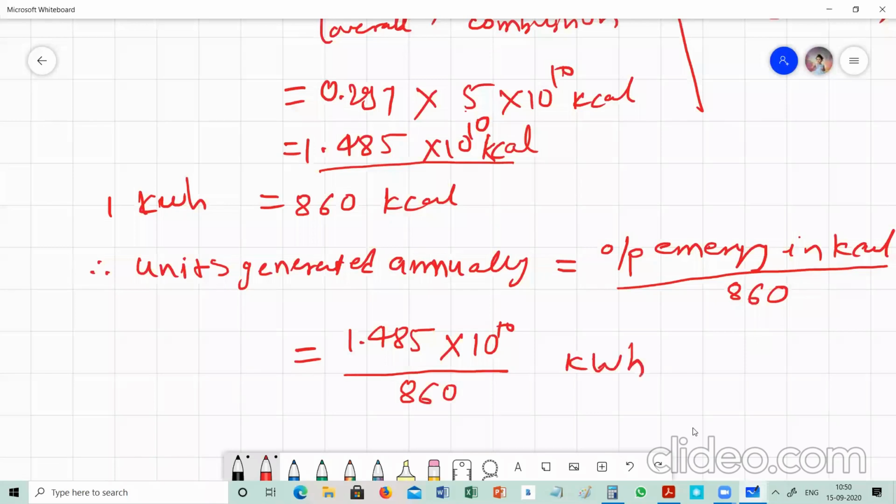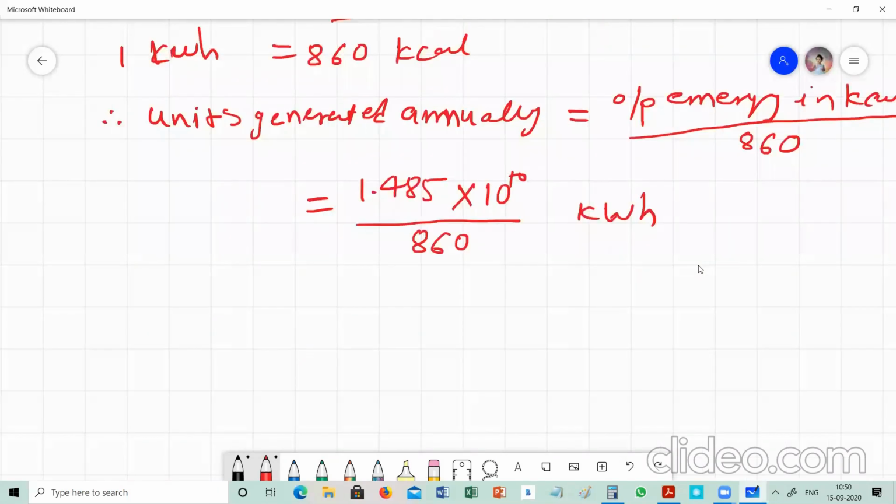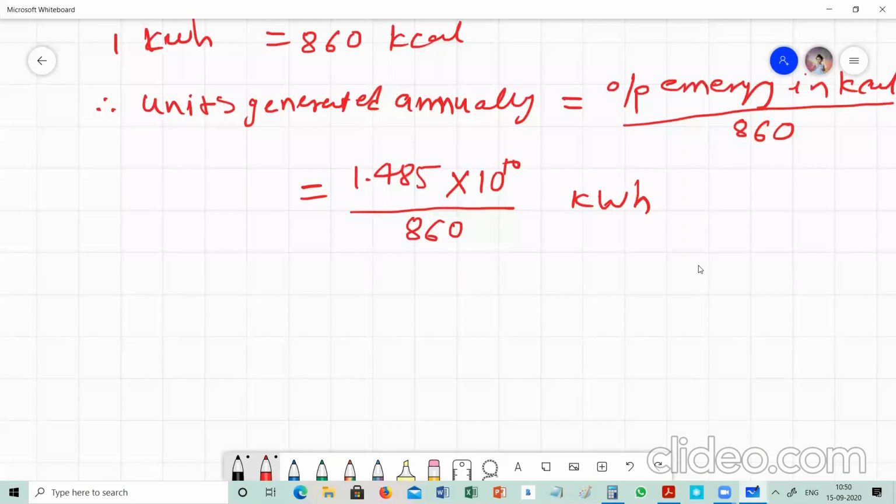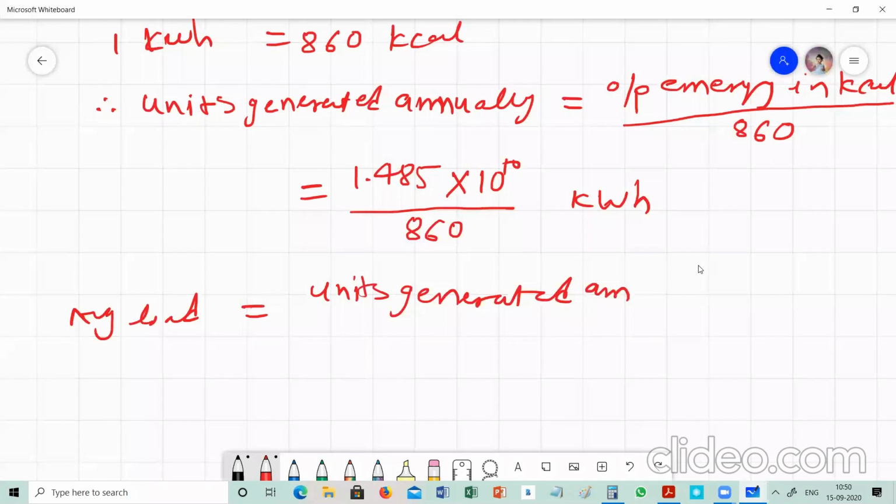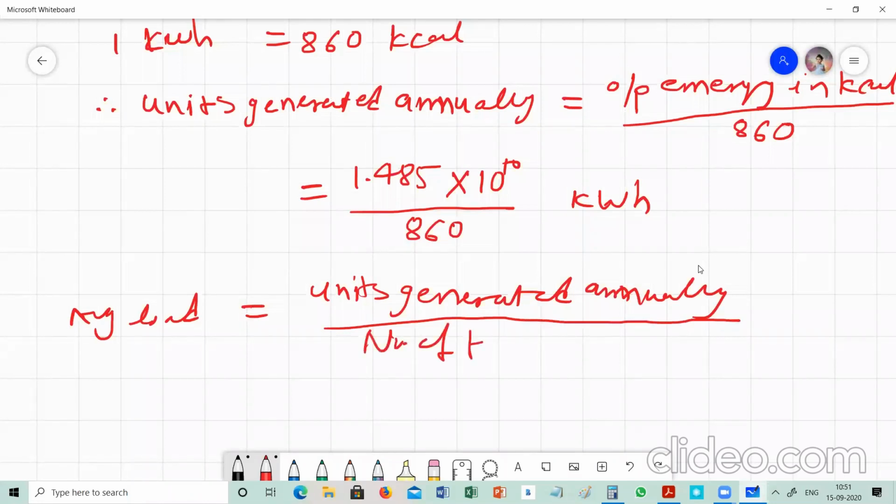Now once we have energy, we can calculate the average load. Average load is equal to units generated annually divided by number of hours in a year.